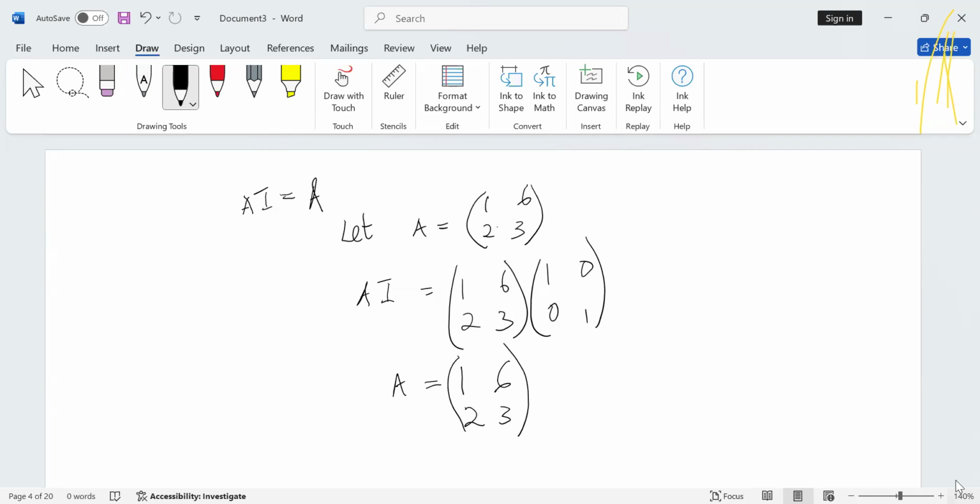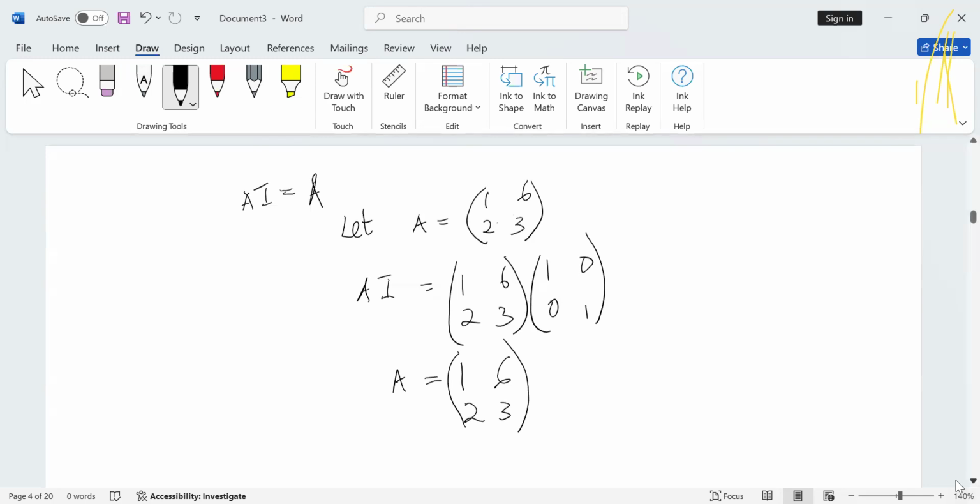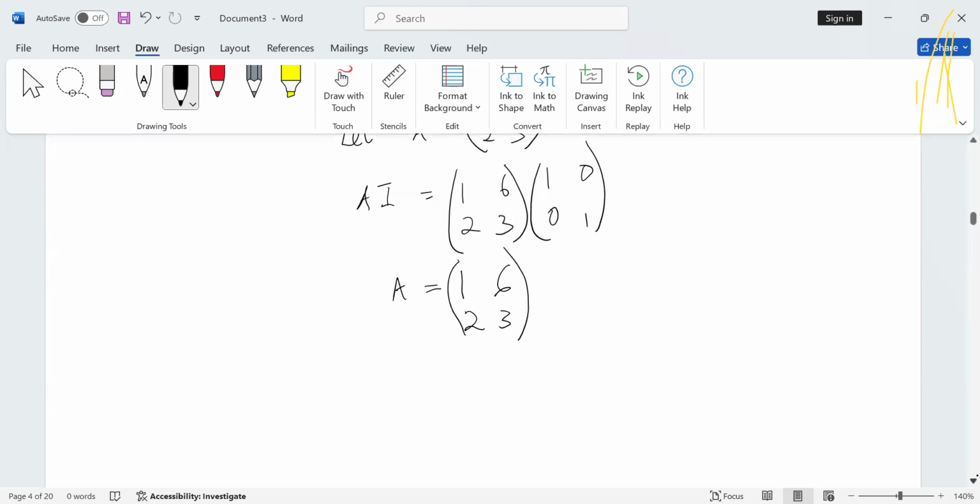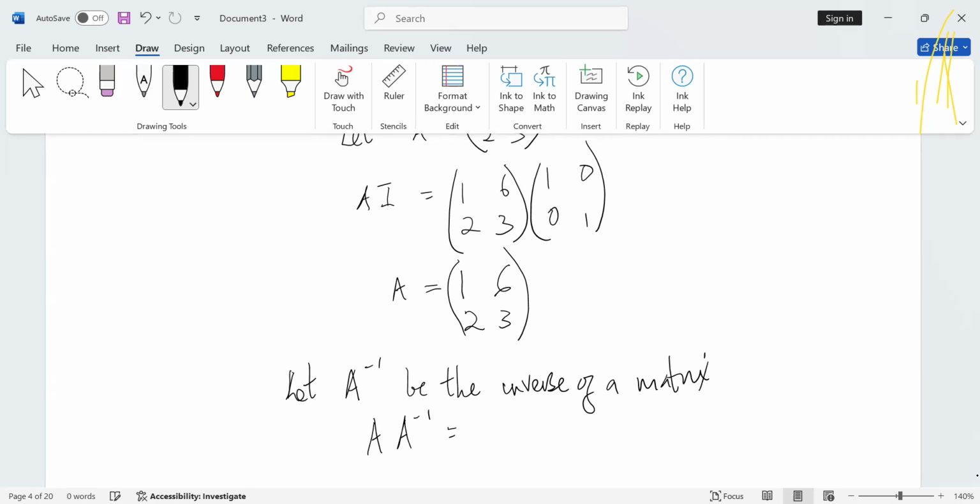A matrix times its inverse will give you an identity matrix. The identity matrix, the one we have seen.